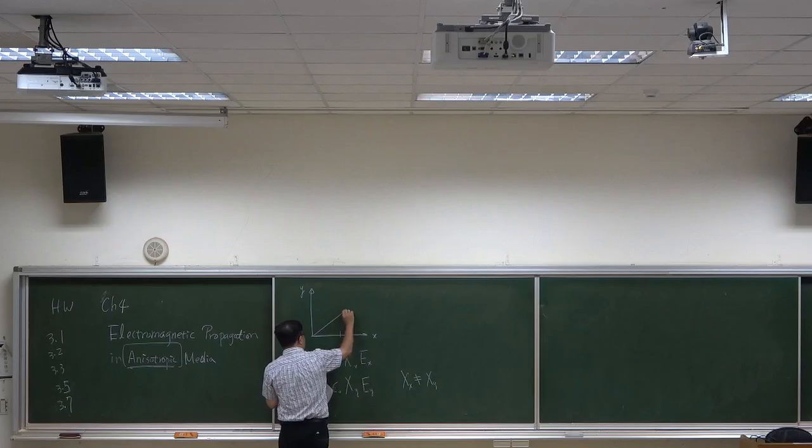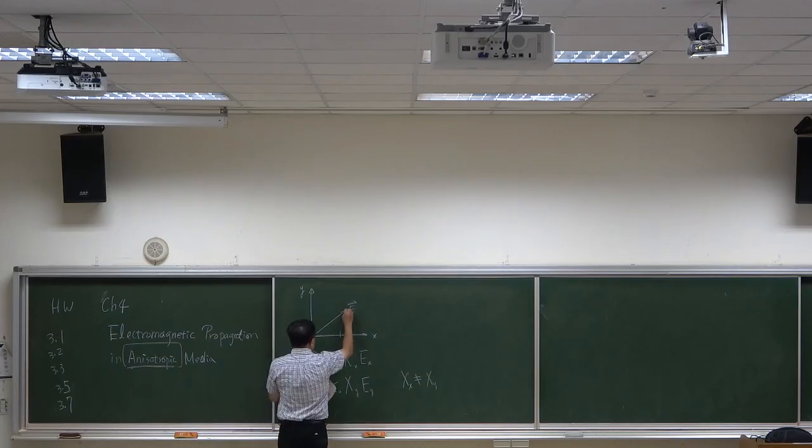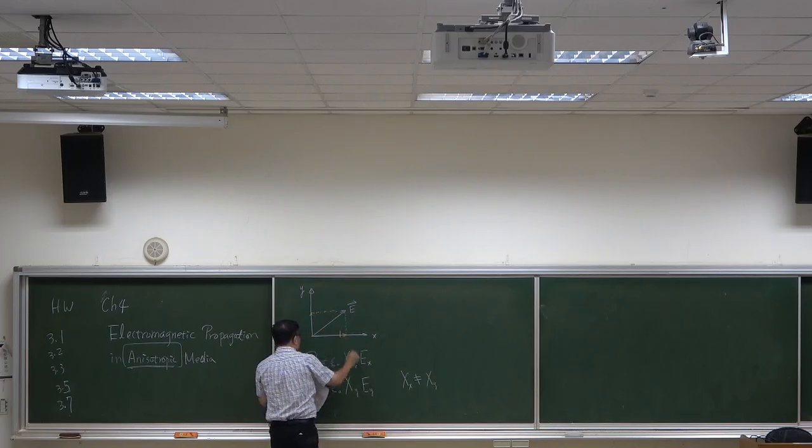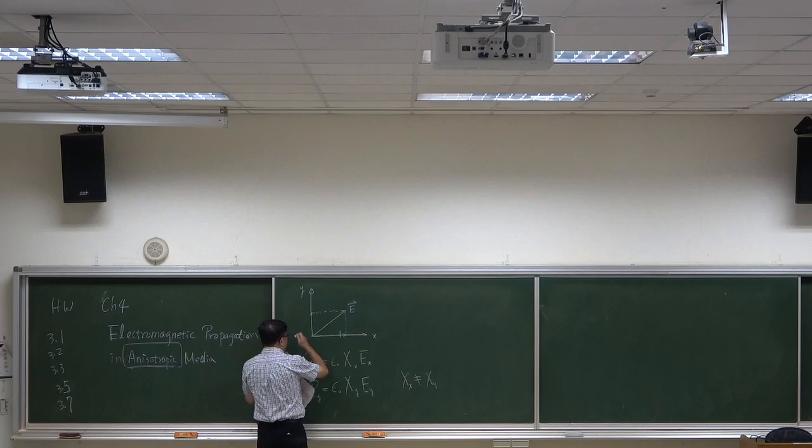if I apply an electric field along an arbitrary direction, I can treat this E vector as the superposition of two components, one along the X direction, the other along the Y direction.